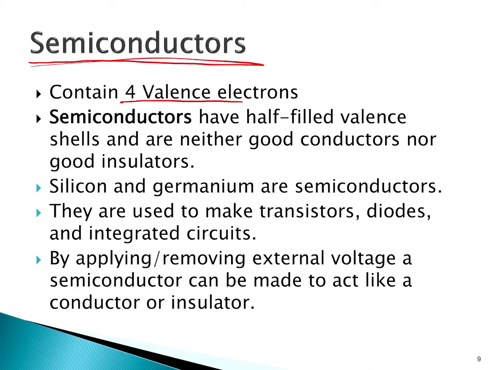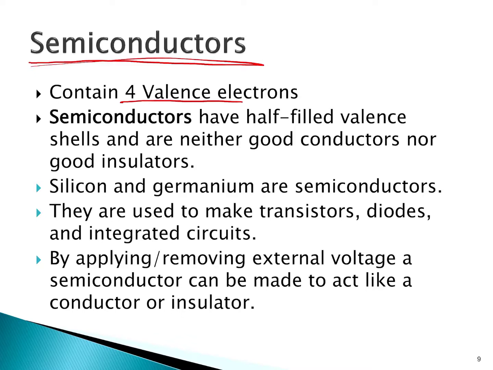But what makes those special is that by applying voltage, you can either tip them to be a conductor or tip them to be an insulator. And so that means you can either have them being fully conductive like a short circuit or fully non-conductive like an open circuit. And of course this is what's actually describing an electric switch. So semiconductors are often called solid state switches.